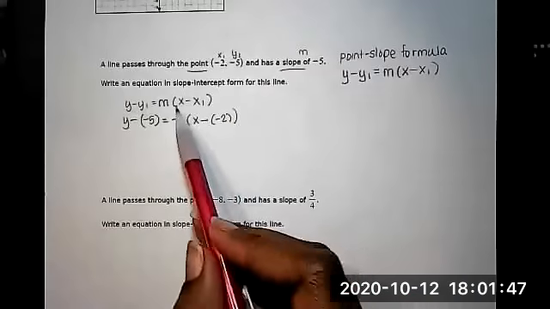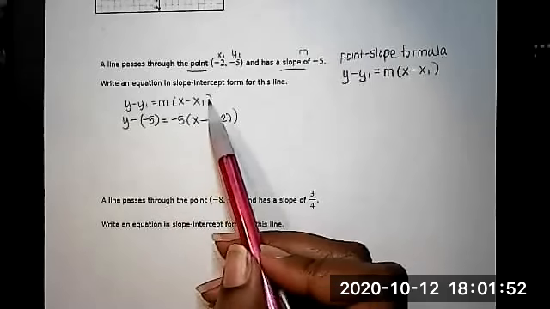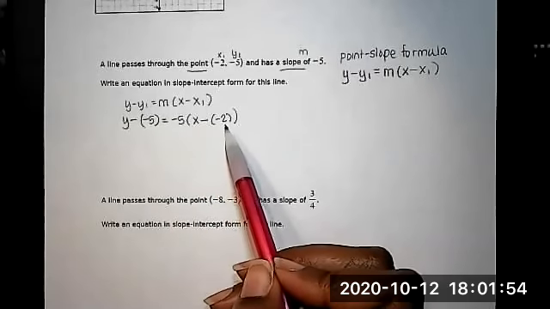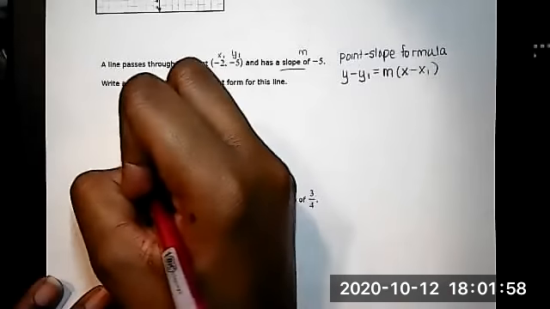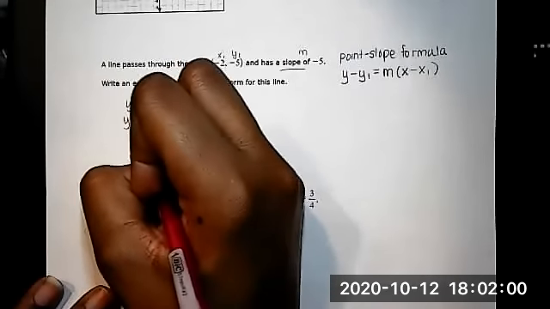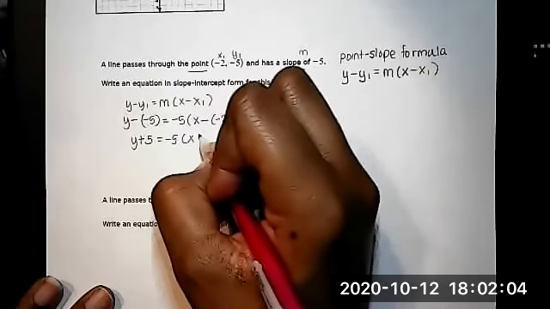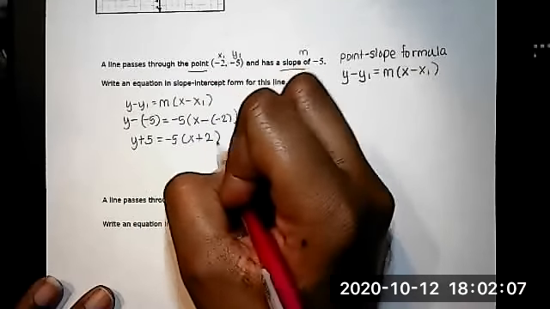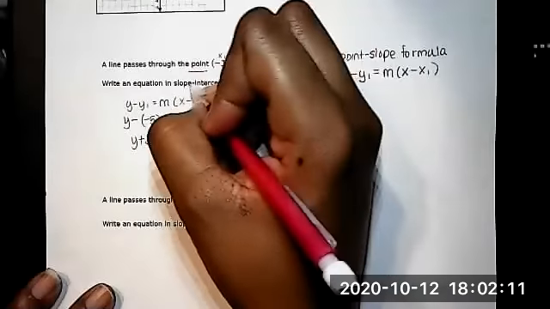Okay? Everything else stayed the same. I replaced m with -5, I replaced y1 with -5, and x1 with -2. Okay? As you know, two negatives become positive, so this now becomes y plus 5 equals -5 times x plus 2.